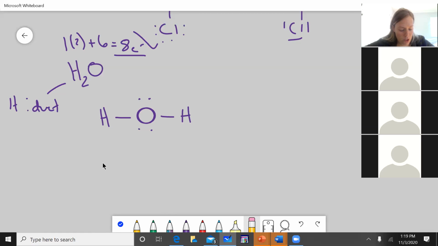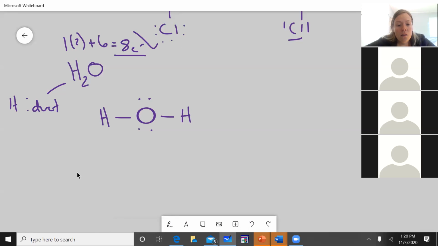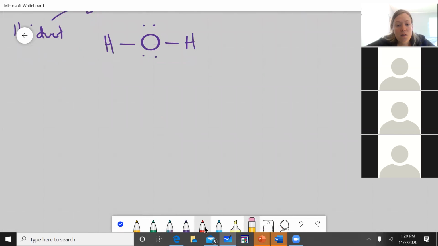Okay, let's do HCN. Okay. So HCN, if we are going to do a Lewis dot structure for this, the first thing that we want to do is we want to add up how many electrons we get to play around with.